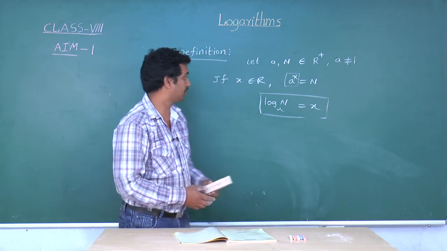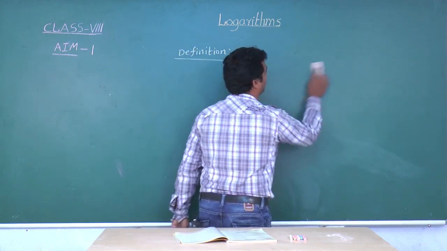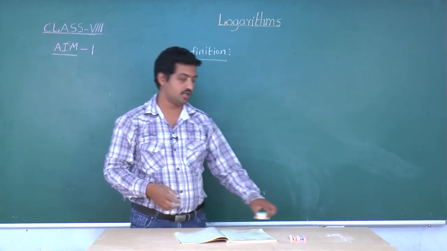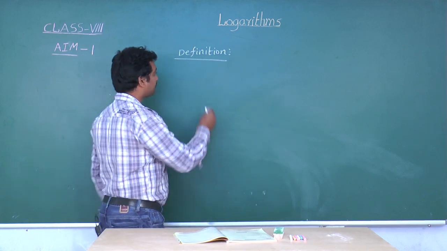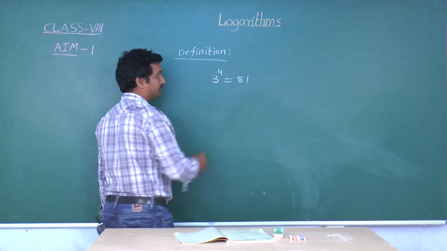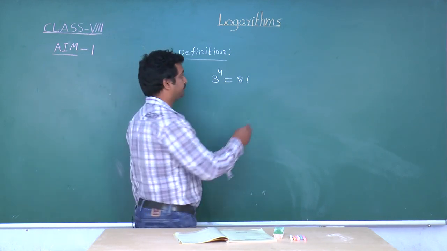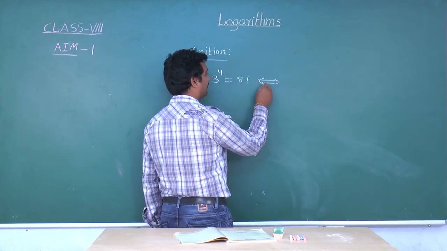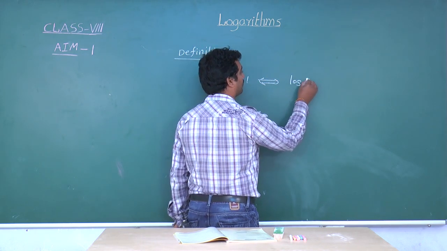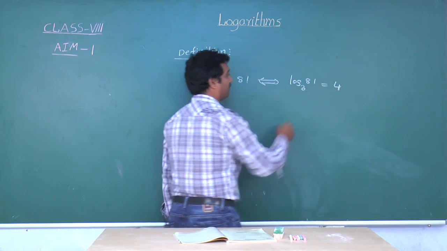Okay. Now come to converting logarithmic forms into exponential forms and exponential forms into logarithmic forms. I am going to take one example. 3 power 4 is equal to 81. And what is its logarithmic form? That implies log 81 to the base 3 is equal to 4.